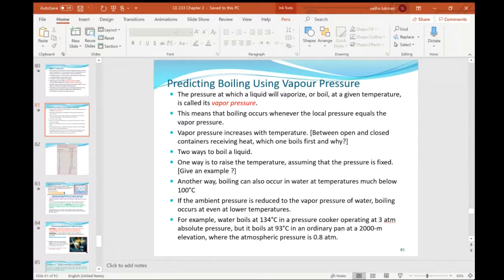Definitely the one that is closed will boil faster, because the vapor is trapped. Hence, the vapor will exert more pressure on the liquid, so the vapor pressure will be higher than in the one in which the cover is not there, or which is open.